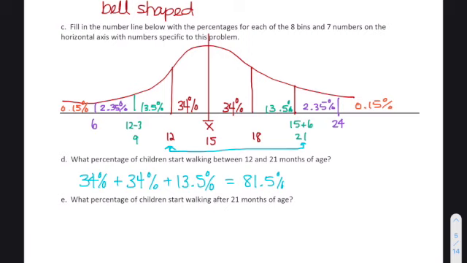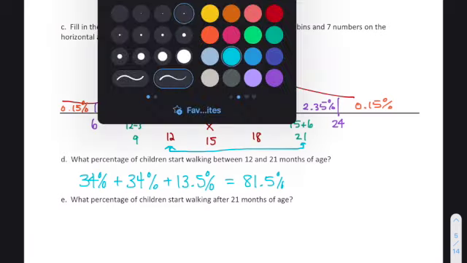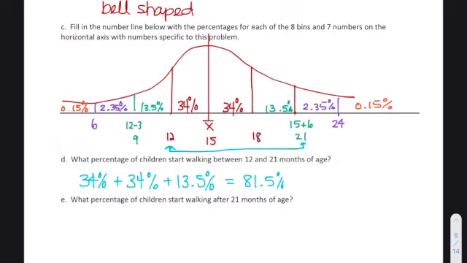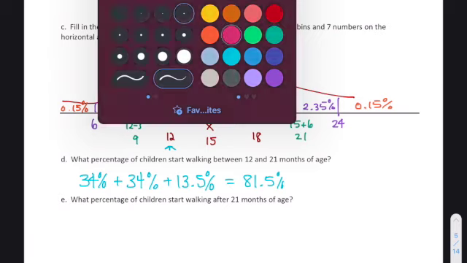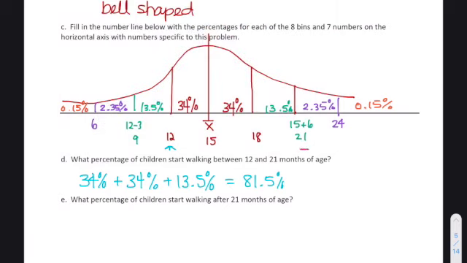And the next question, what percent of children start walking after 21 months? Let me erase that bar. Okay, let's take a look. After 21 months is going to be right here. Because when you are born, you start with 6 months.